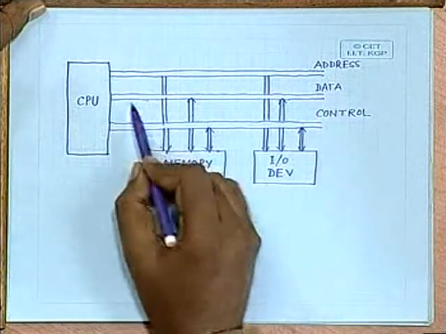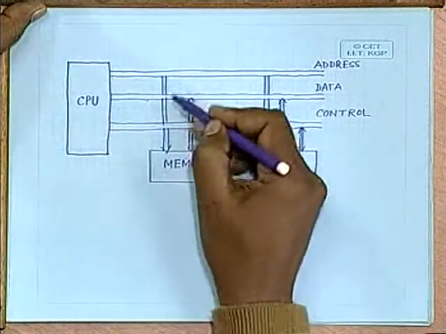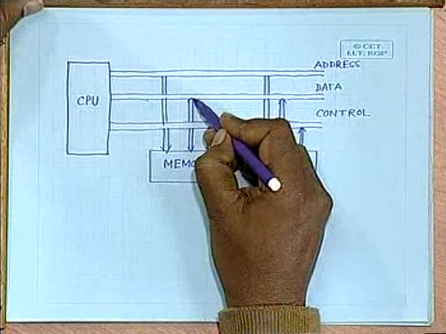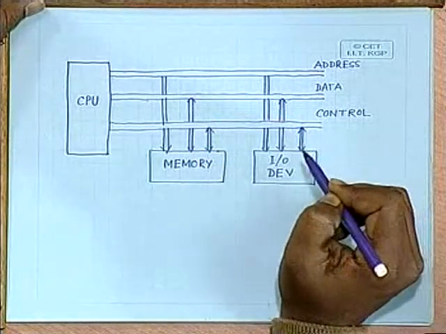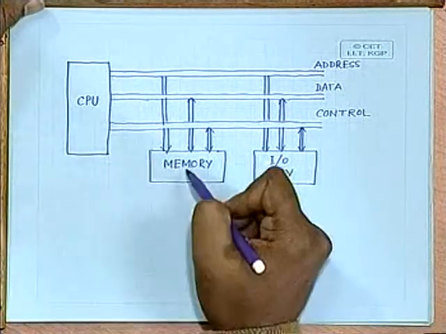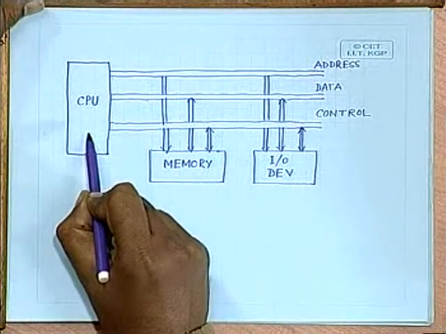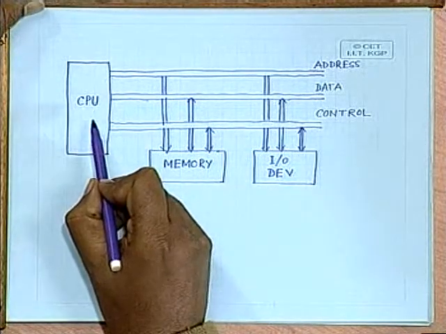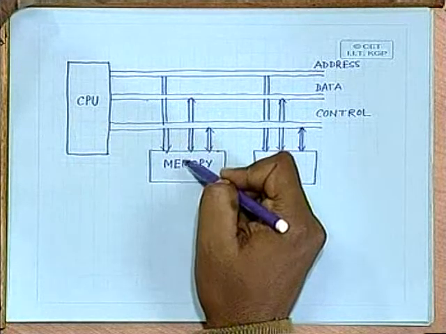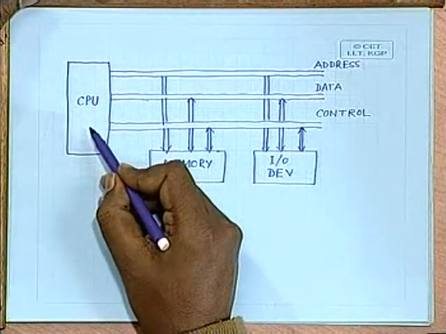Now, here you find that I have put these address lines as unidirectional, whereas the data lines I have put as bidirectional. The reason is, whenever the CPU wants to read something from any memory location, it is the responsibility of the CPU to specify the address of the memory location from where it wants to read the data.